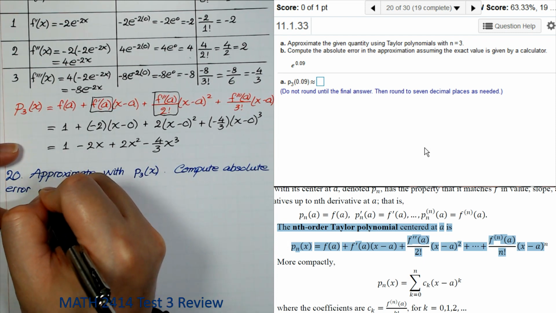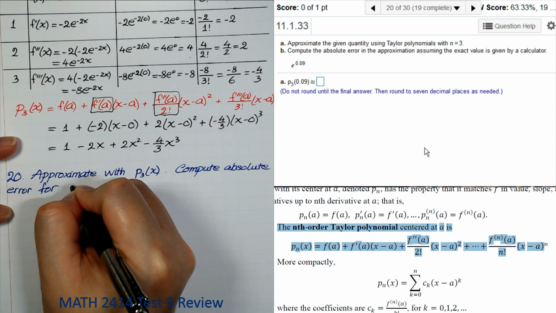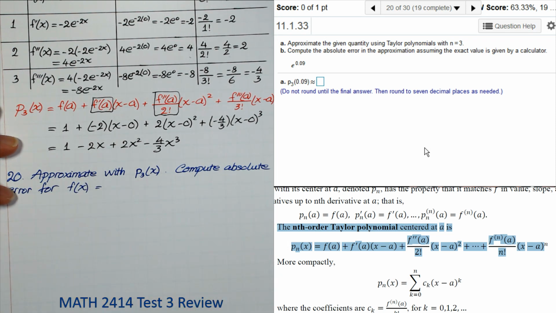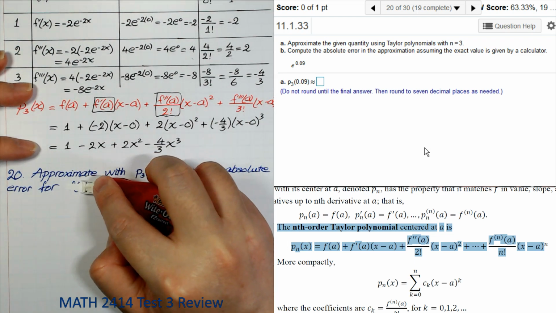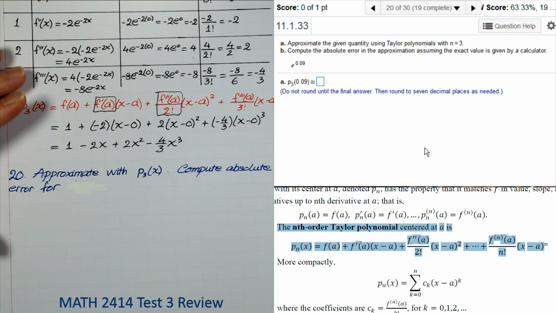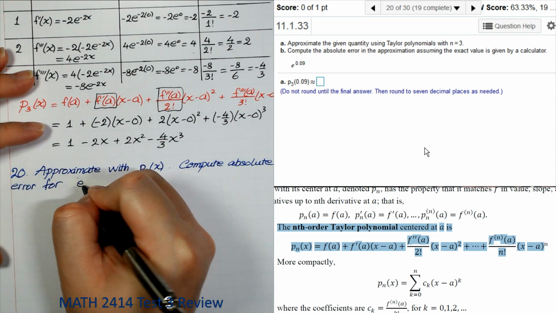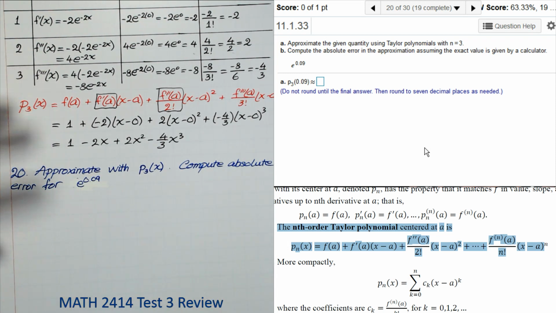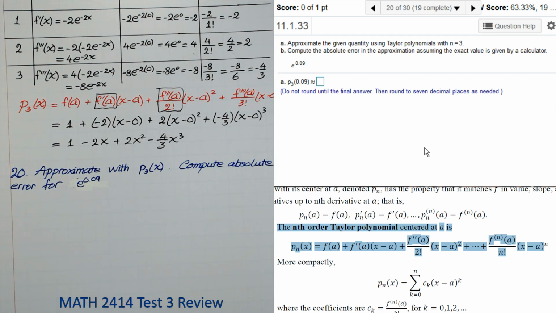And what we do is, for the function, oh, sorry, we don't know the function. We only know e to the 0.09. Right, so that's all we know.